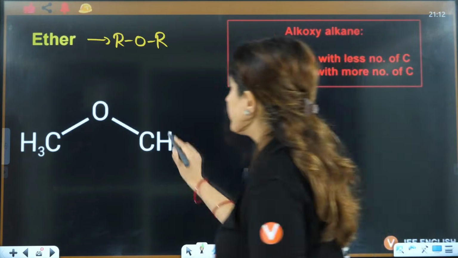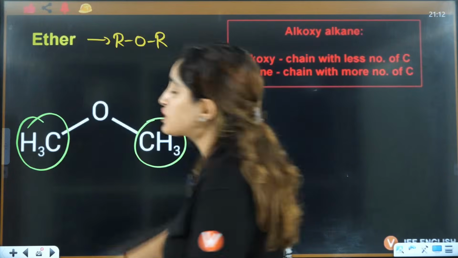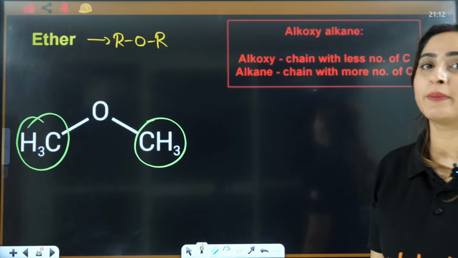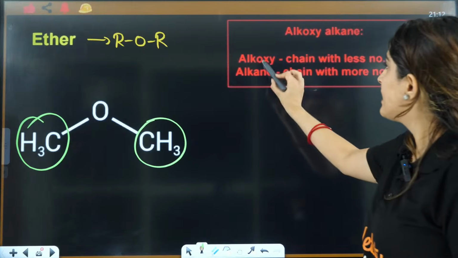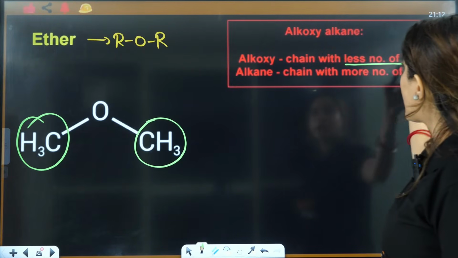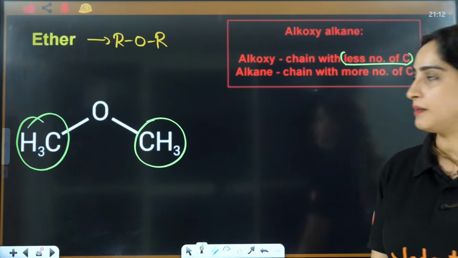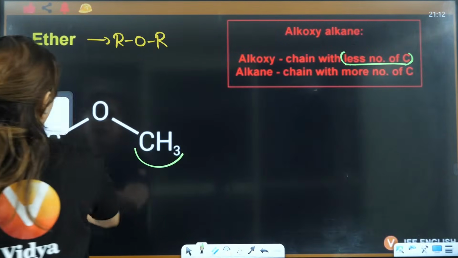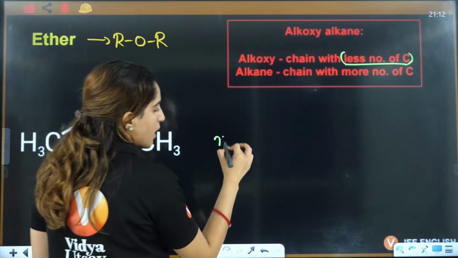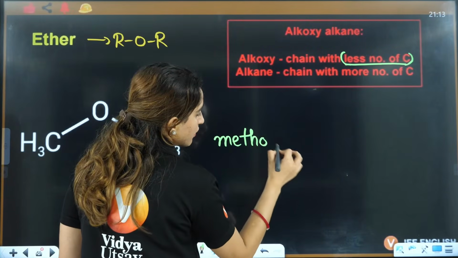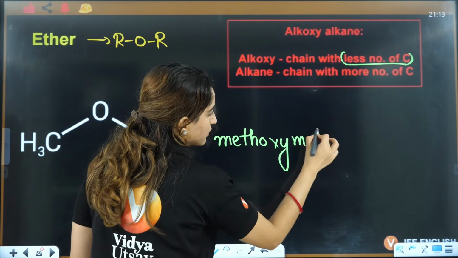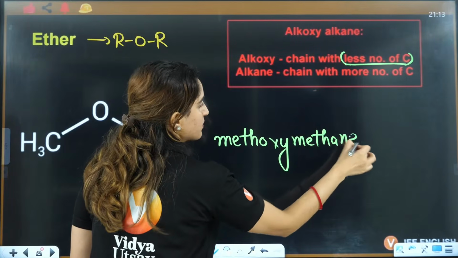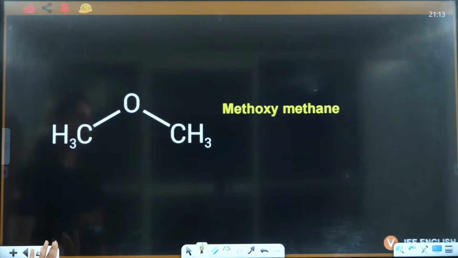You have two alkyl chains. Which will be alkoxy and which will be alkane? For that, the chain with fewer carbons is alkoxy. Here it is symmetrical, so I will simply write methoxymethane, because it is the same.